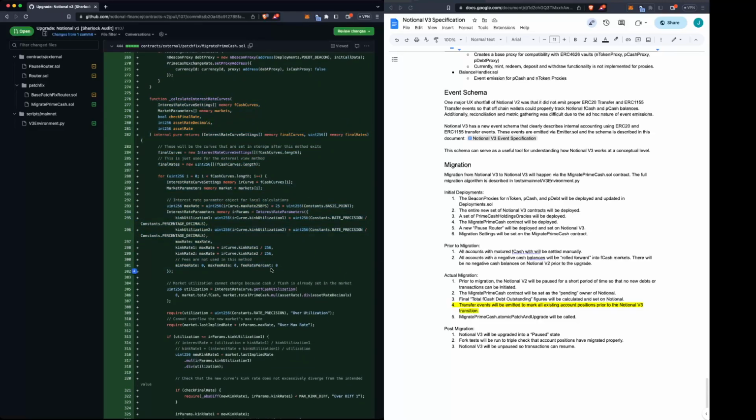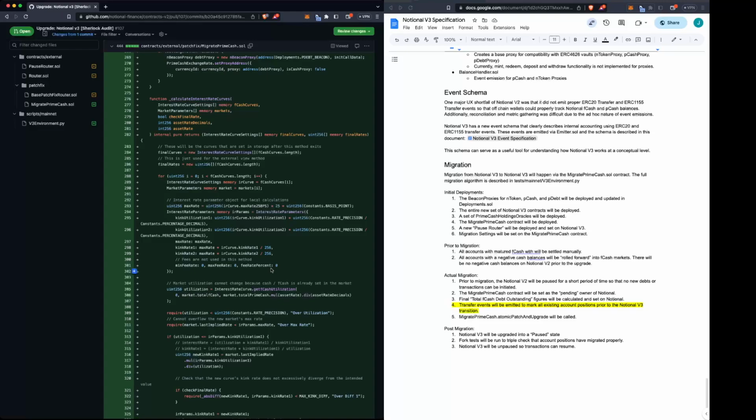The intention is that in Notional V2, we have an interest rate curve dictated by the Notional V2 interest rate AMM, and then we're going to swap that to this new AMM, which has a slightly different curve shape.